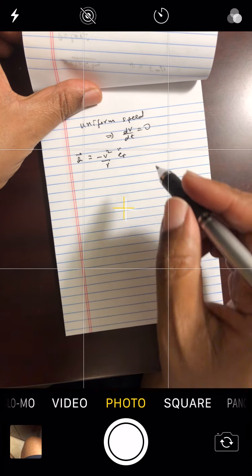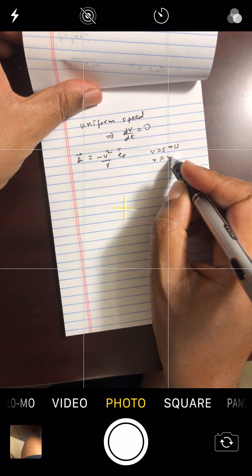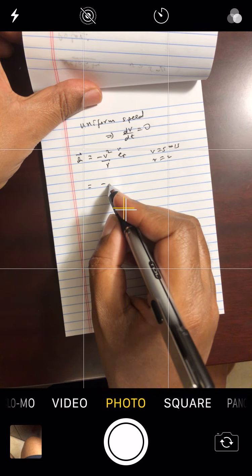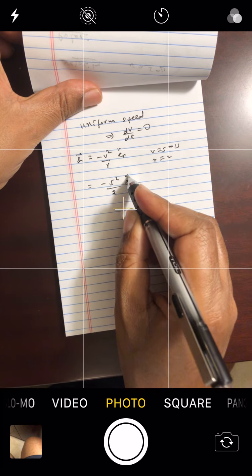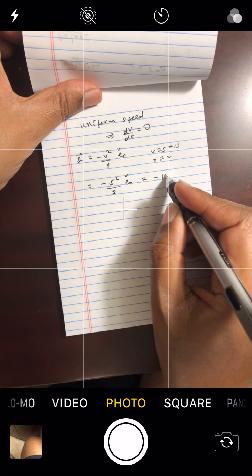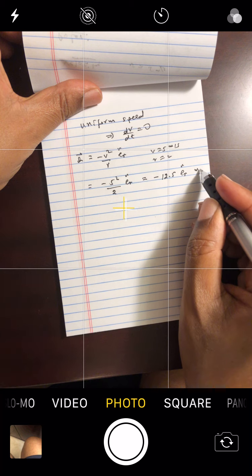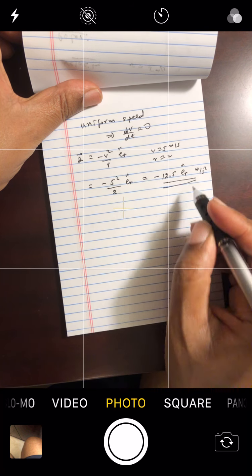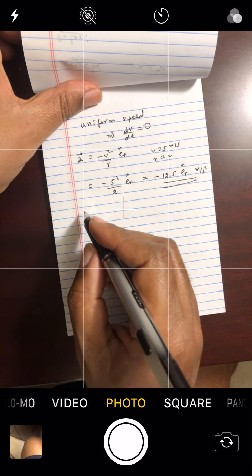We know v equals 5 and the radius equals 2, so this equals negative 5 squared divided by 2 in the direction of e_r, which is negative 25 divided by 2, negative 12.5 in the direction of e_r, meters per second squared. This is the acceleration in terms of polar unit vectors. Now let's do Cartesian.